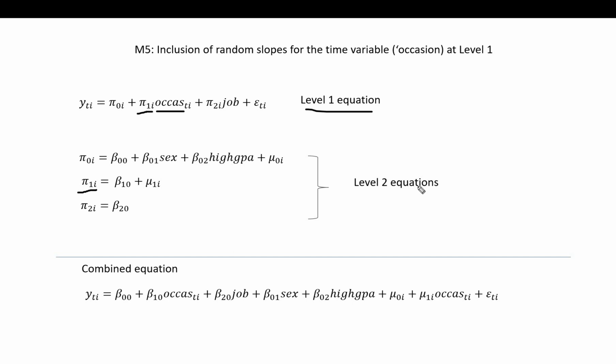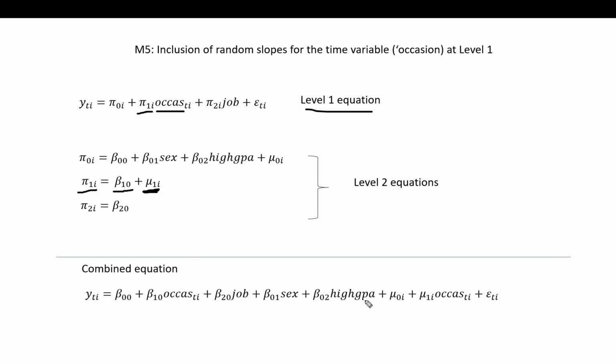What we're going to do is at level 2 we are going to keep our beta 10, which is essentially treated as an average of the effect of the occasion variable on GPA across all of the individuals. But now we have the mu 1i, which is reflecting the difference between a given student's linear growth trajectory and the grand mean of the students' growth trajectories. So basically this is the only addition that we're including in this particular model.